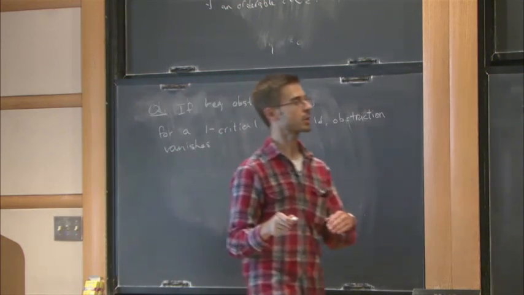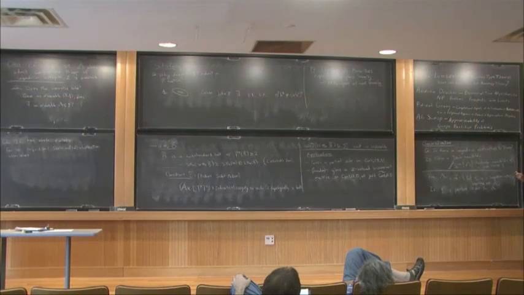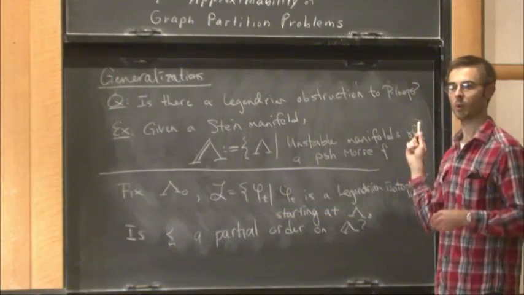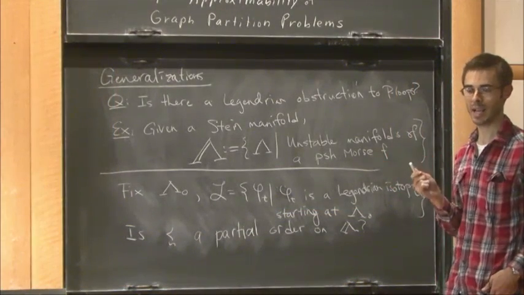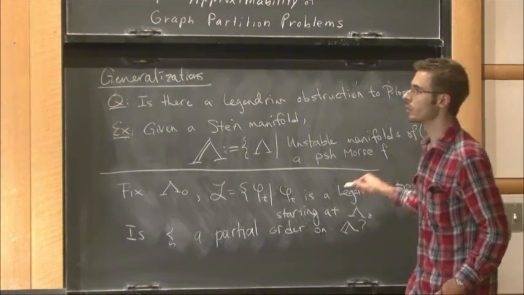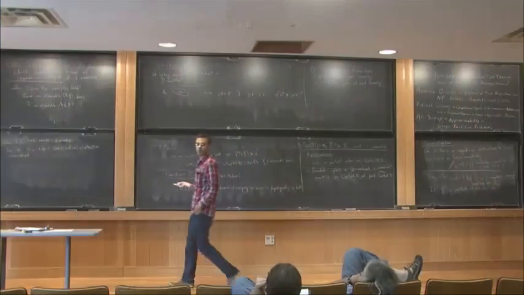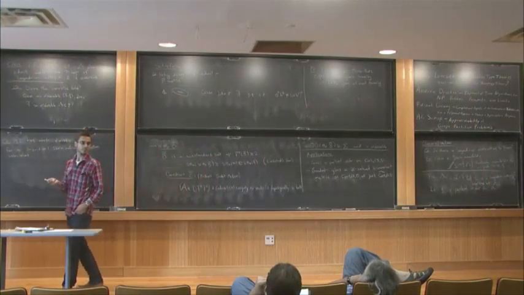Because what I should have but neglected to write over here is that this can't be just any unstable manifold because the dimensions don't add up. This has to be an unstable manifold of a critical point of index exactly n in order to give you the right dimensions. So if you have a one subcritical Stein manifold, there are no such Legendrians.